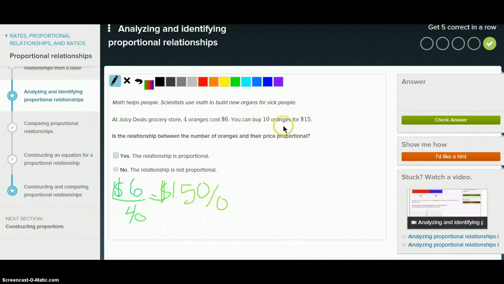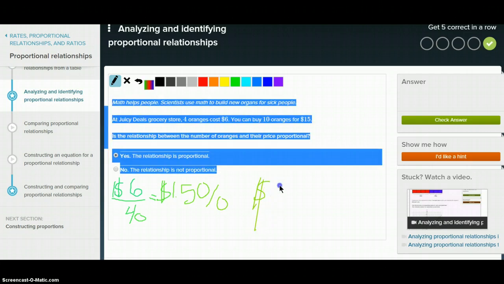Now we have another one over here, $15 for 10 oranges, and that looks like it's going to be proportional because it's going to be the same ratio. So 15 divided by 10, and that's also going to give us a 1.5 ratio, so that's also $1.50 per orange.